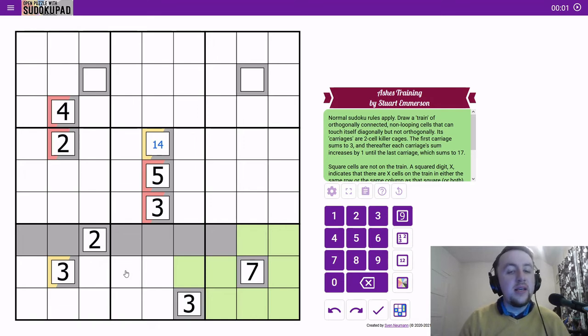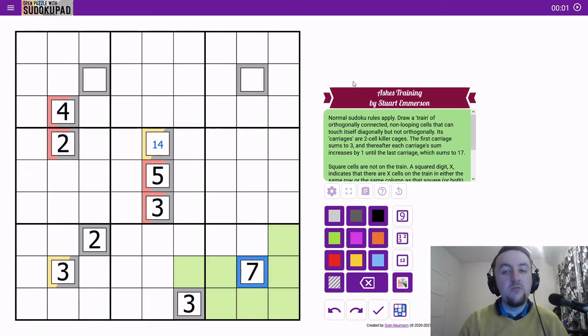There's probably a more elegant way of proving that, but there's just no way that we're going to squeeze in an end to the train in this region. It's just not enough space without some kind of clash being caused. So that does not work. So that was all just based on the premise that the 7 is referring to the column, so it cannot be a column clue.